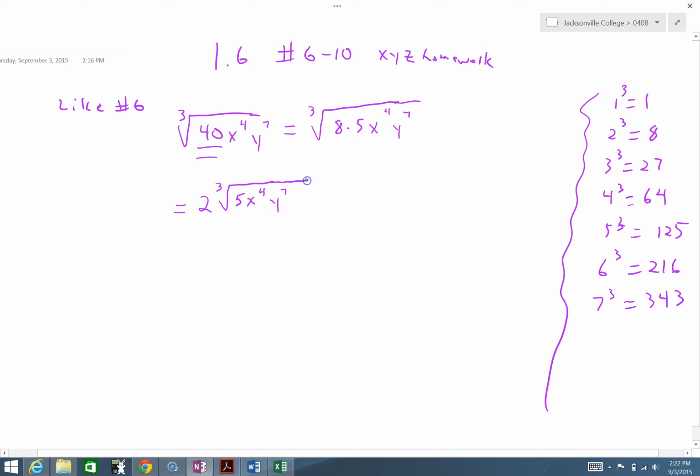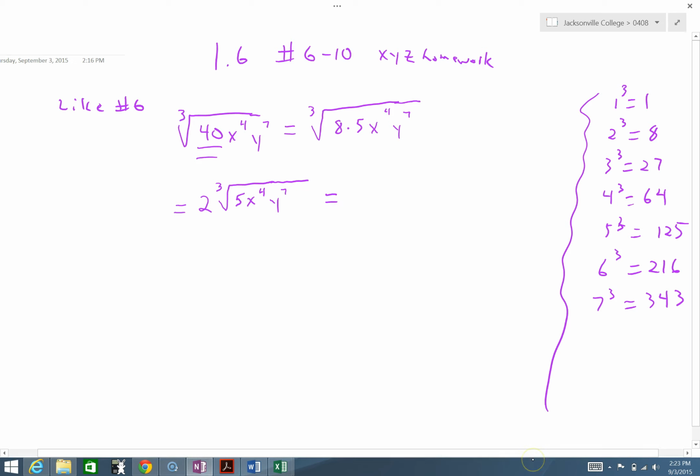Well, now what do we do with this x to the 4th, y to the 7th? Again, we want to think about what we can take the cube root of. Well, x cubed I could easily take the cube root of. The cube root of x cubed is x. With y to the 7th, I could easily take the cube root of y to the 6th. It's y squared. So I'm going to now rewrite these two.